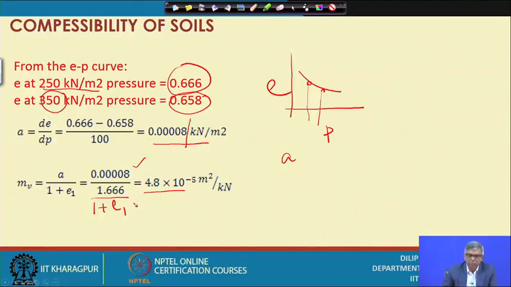So, that means pressure versus thickness, if you get it. What does pressure versus thickness mean? As we have mentioned, if I apply pressure on the soil, under this pressure the soil will undergo consolidation.